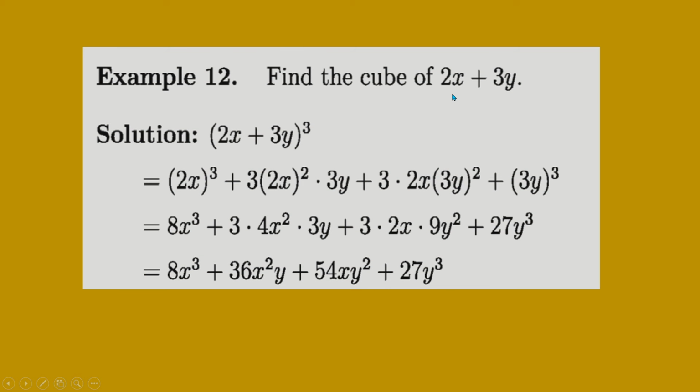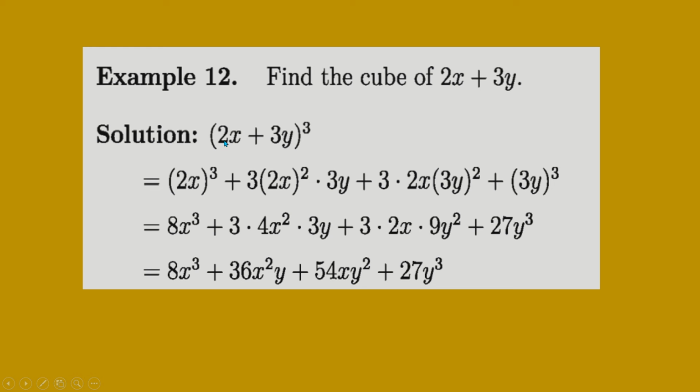Find the cube of 2x plus 3y. That means the cube of this, 2x plus 3y whole cube. And the formula will be a cube plus 3a square b plus 3ab square plus b cube.